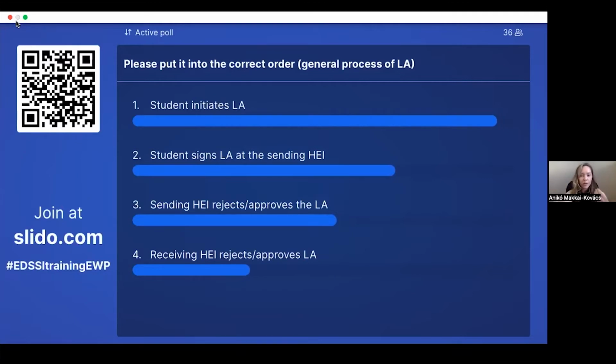Of course, when we go into the details, there is several back and forth, but there are cases when it's like that. The student just creates the learning agreement, signs it, sends it to the sending institution, they sign it, send it to the receiving institution, they sign it, and that's done.